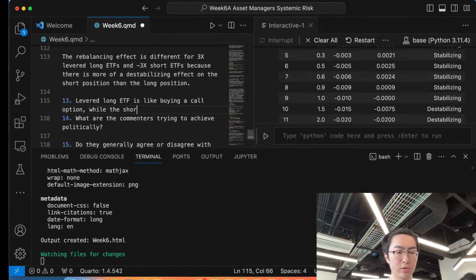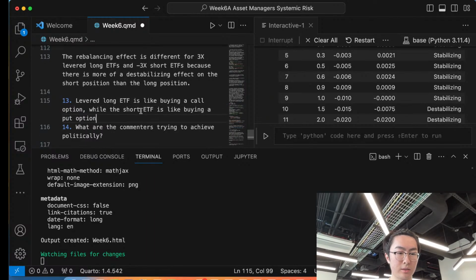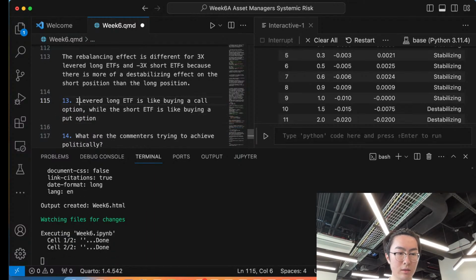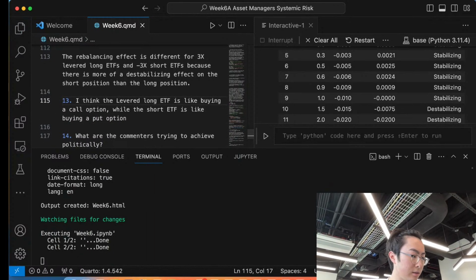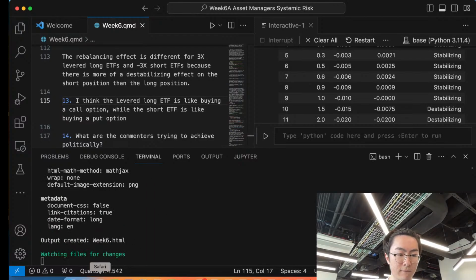Wow, the short ETF is like buying a put option. Okay. I think the levered long ETF.